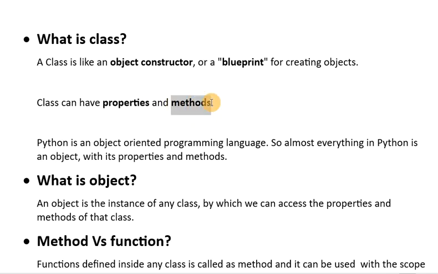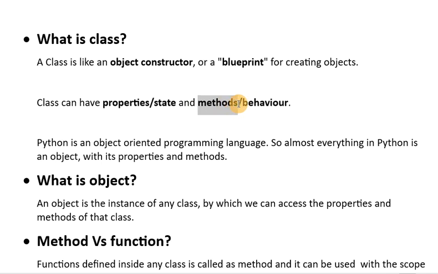What is the state of the class? That depends on the properties. So properties are known as state, and methods are known as behavior. If you want to understand the behavior of the class, you have to understand its methods first.